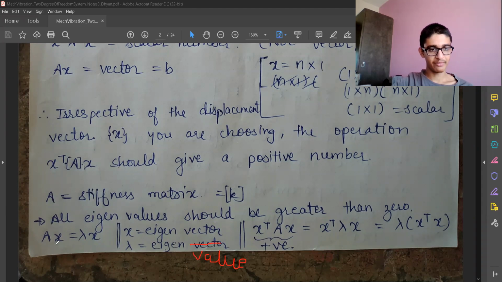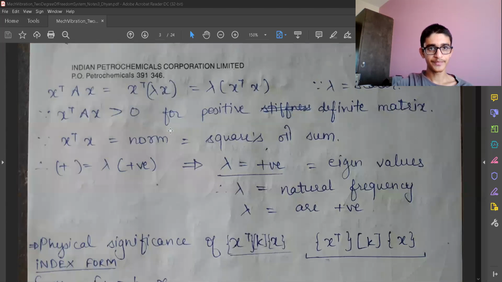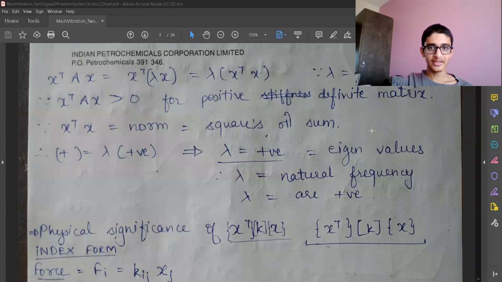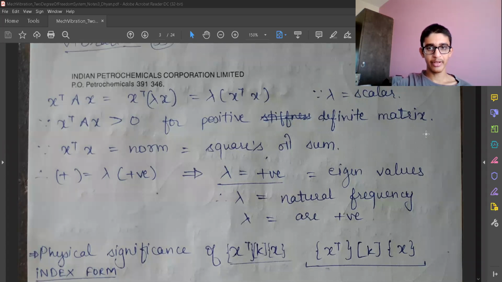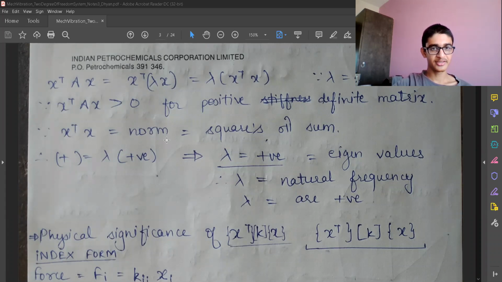This is simple. When we take Ax is equal to lambda x, with x the eigenvector and lambda the eigenvalue, we do the operation: x transpose A x is equal to x transpose lambda x. So we have substituted that. Since lambda is a scalar, we can take it in front: lambda x transpose x. What is x transpose x is our point of study now. We know that x transpose A x is a positive number for a positive definite matrix, and x transpose x is the norm, that is the sum of squares of all the elements of x.